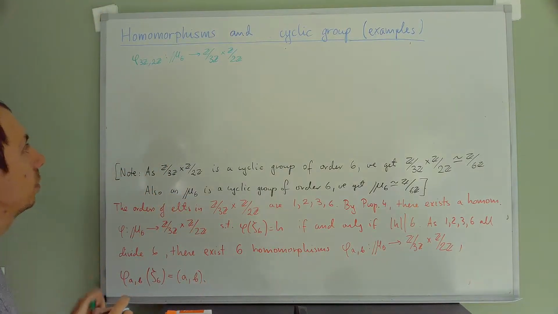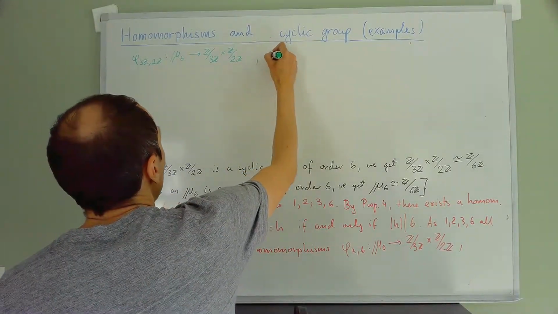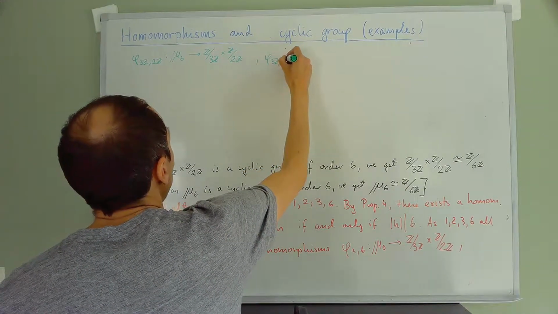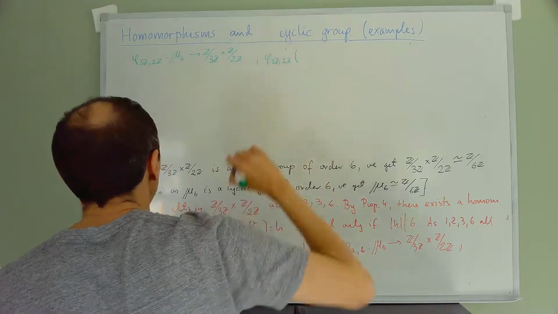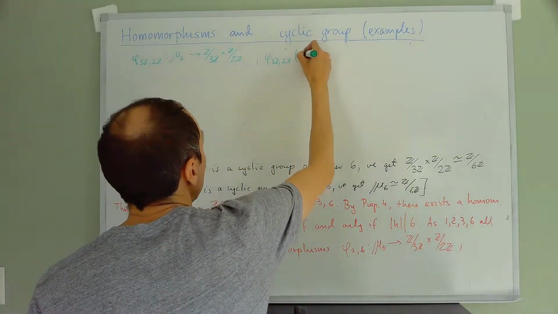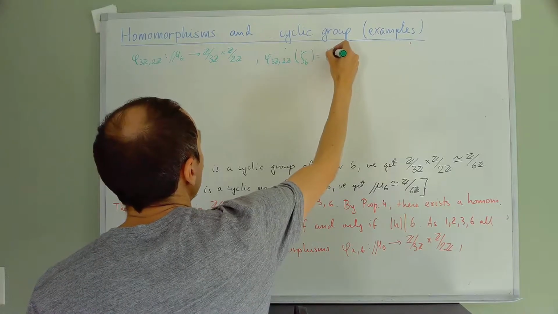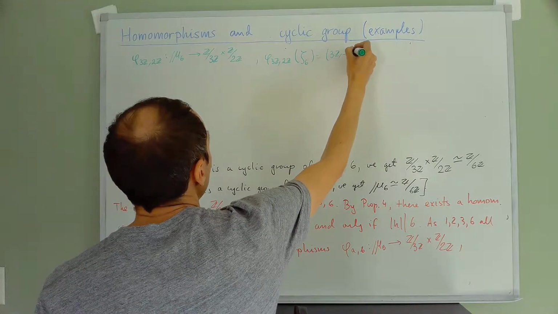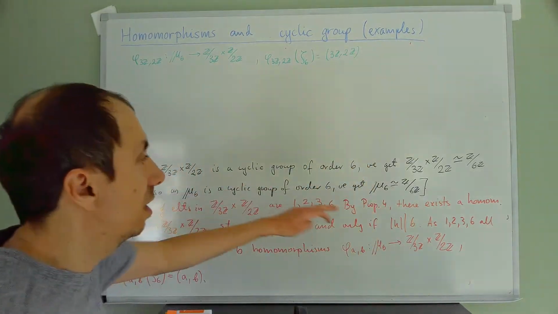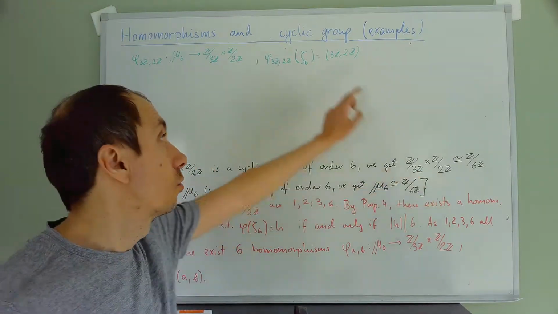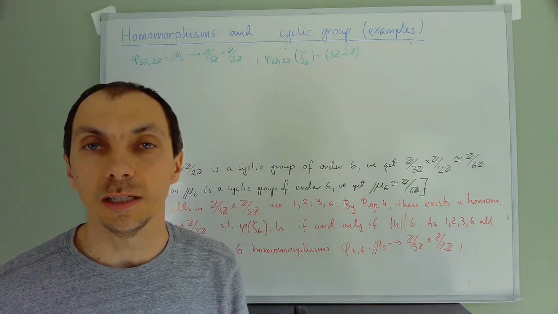What does the homomorphism do? According to the definition, it takes zeta 6 and maps it to 3Z, 2Z. Oh, that's the 0, I mean, that's the identity in this group. So zeta 6 is mapped to the identity.